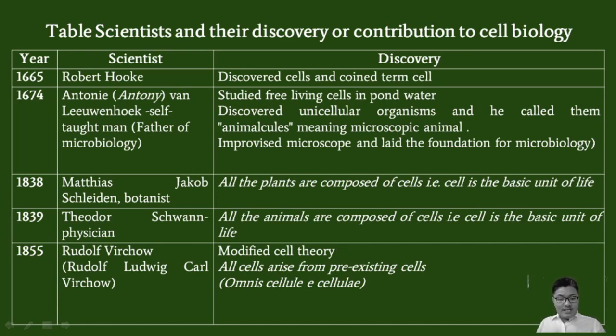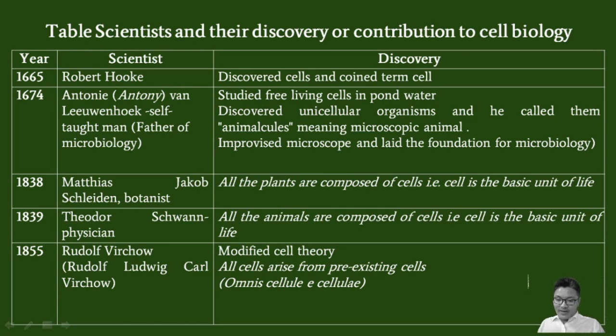What he found is that all cells arise from pre-existing cells. That means all the cells come from earlier existing cells. So he stated it like this: omnis cellula e cellula.